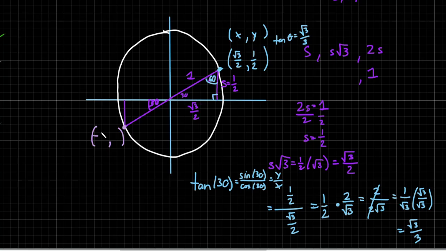Negative. Yep, negative. What about 1/2? Is it positive or negative over here? Negative 1/2. Great. So then tangent, is it positive or is it negative? Positive. Yeah, positive, positive square root of 3 over 3.